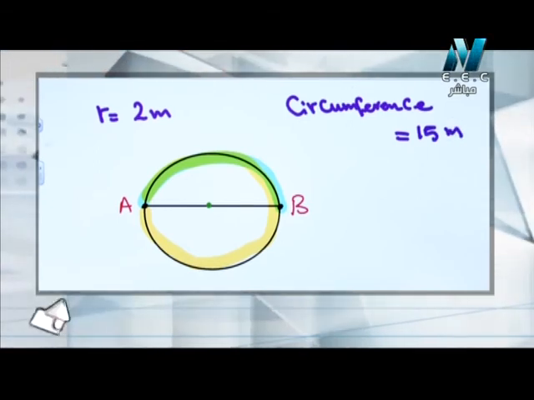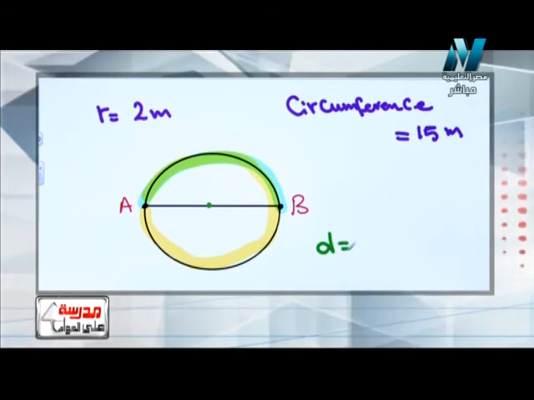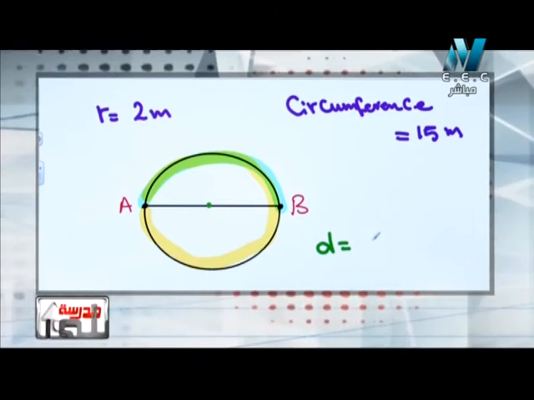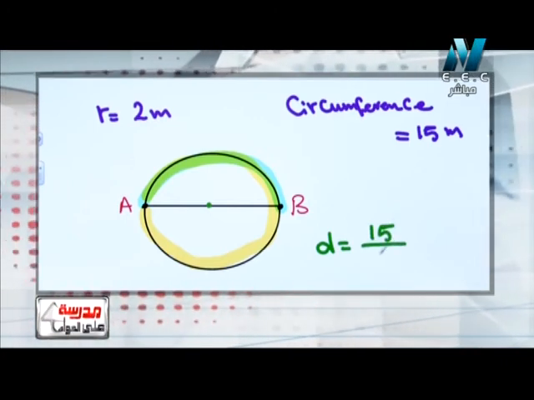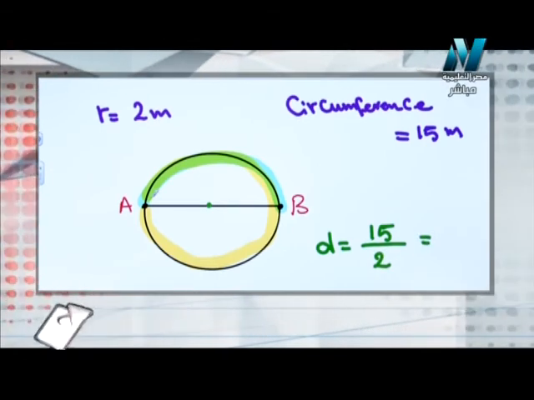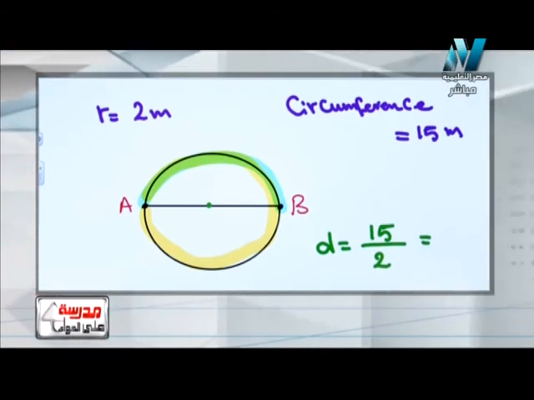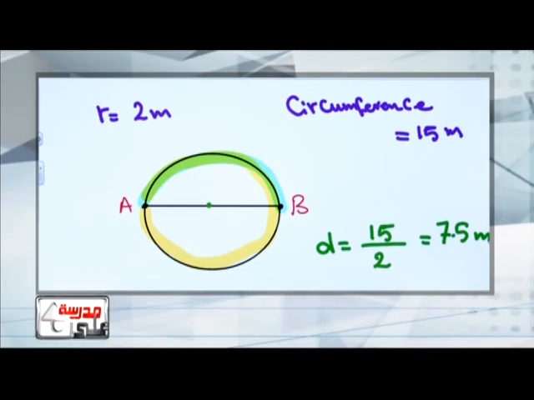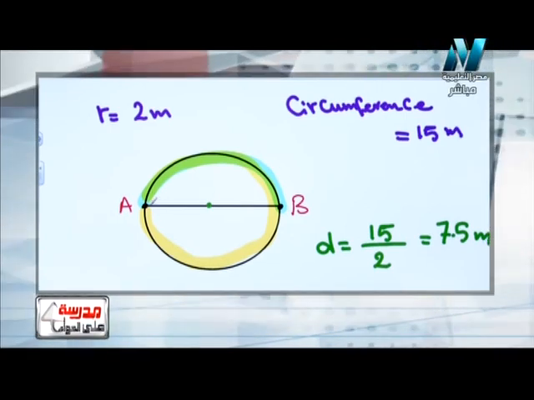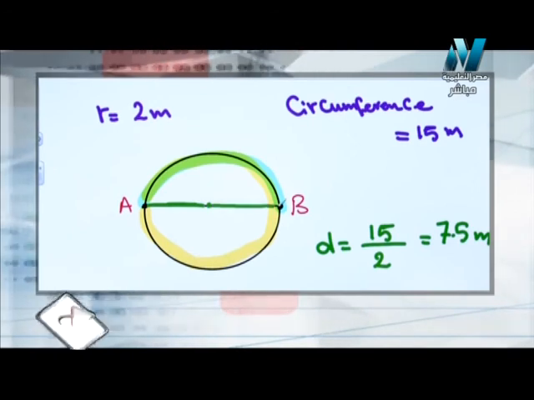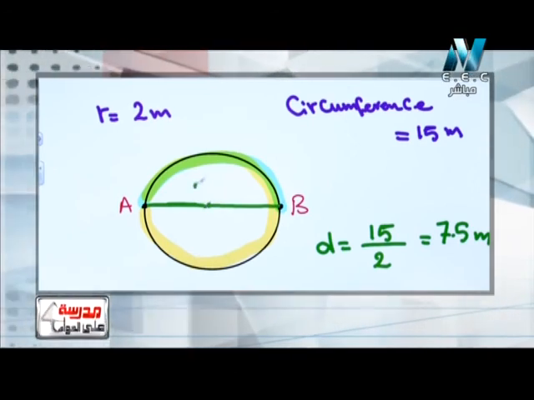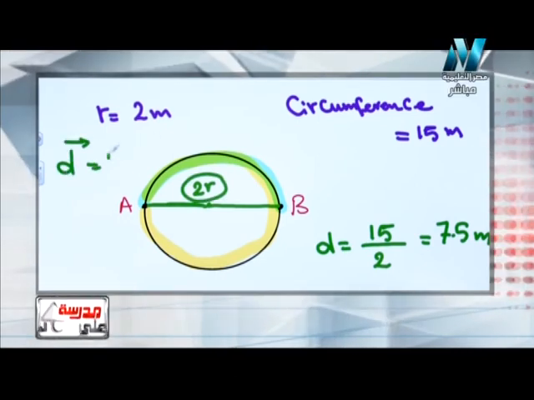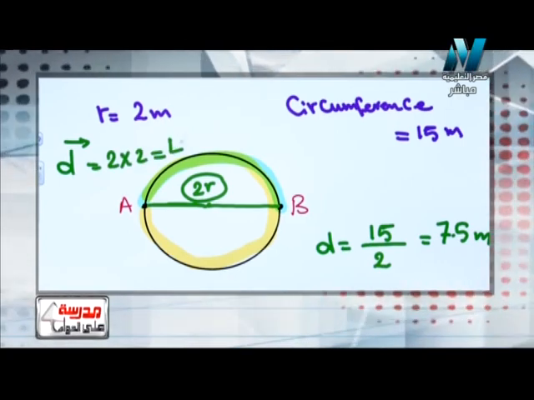If you want to calculate distance, distance will equal half of the circumference, 15 over 2, because here we have a half circle, not a complete circle, from A to B, and here we have 7.5 meters. But if you want to calculate the displacement, we have to know the radius, and here we have 2 radii, so the diameter equals 2r. So displacement equals 2 times 2 equals 4 meters.